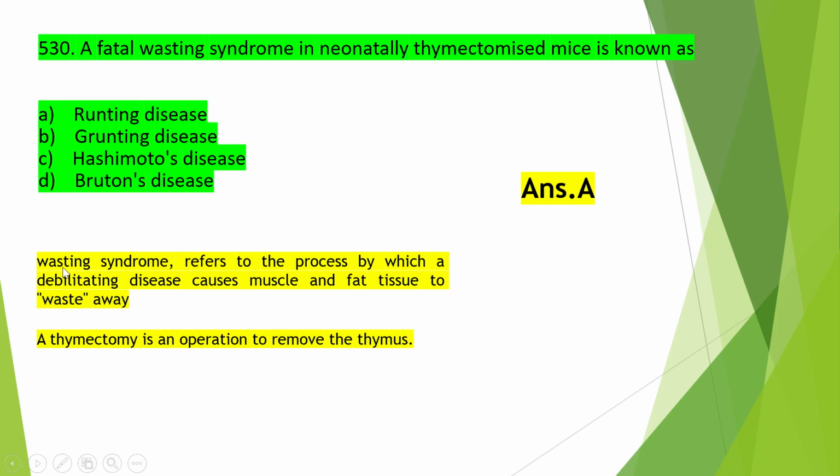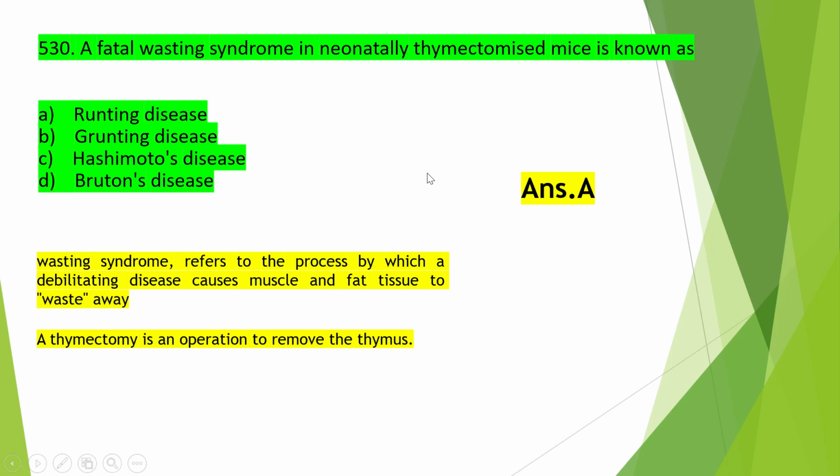So that is wasting syndrome. This wasting syndrome refers to the process by which a debilitating disease causes muscle and fat tissues to waste away, and a thymectomy is an operation to remove the thymus.